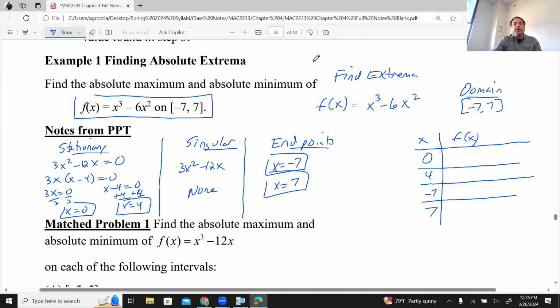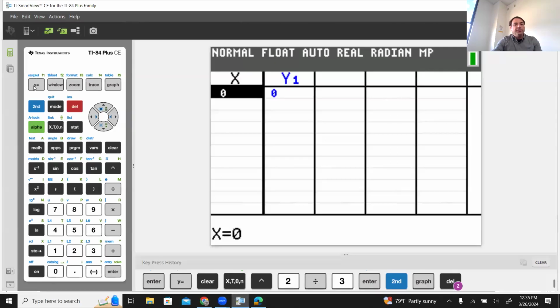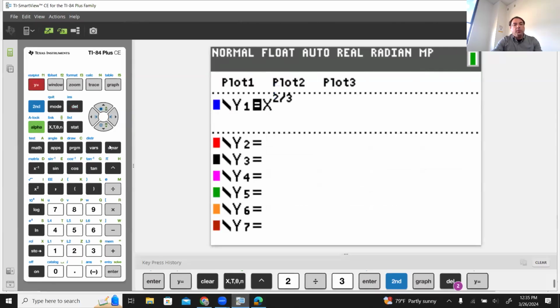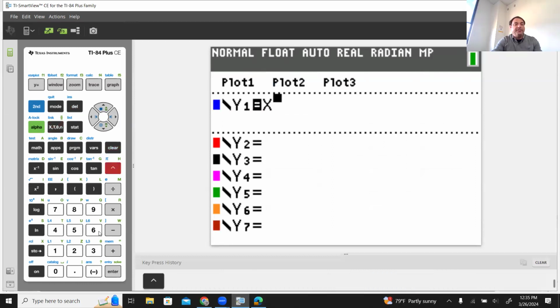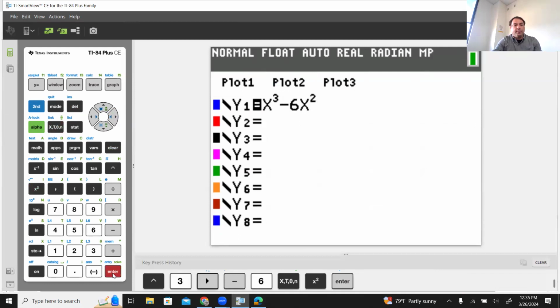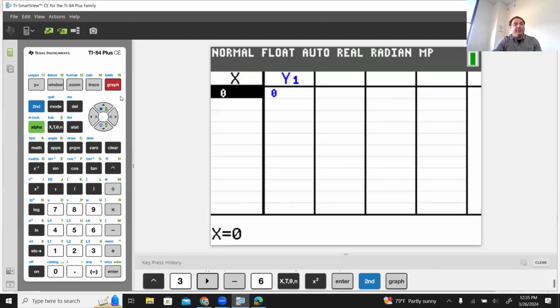Okay? Now, we're going to go to our calculator, and we're going to plug those numbers in. So we go to y equals, we plug in the original, which is x raised to the third minus 6x squared. We go to the table feature, second graph.